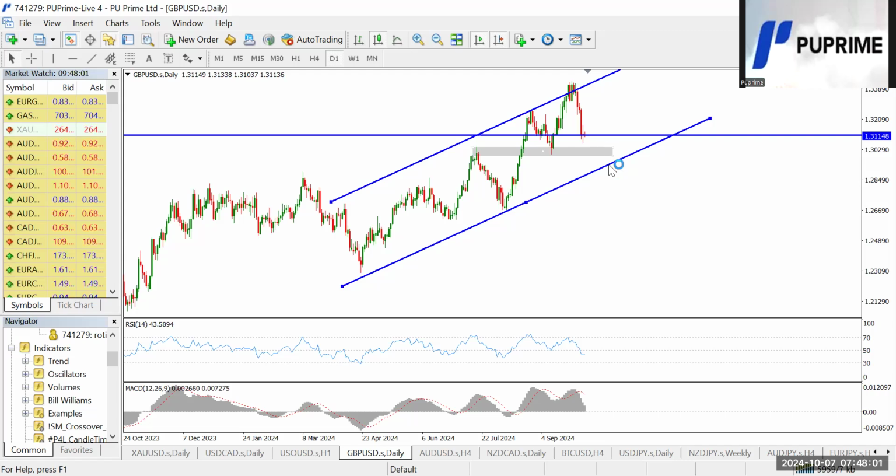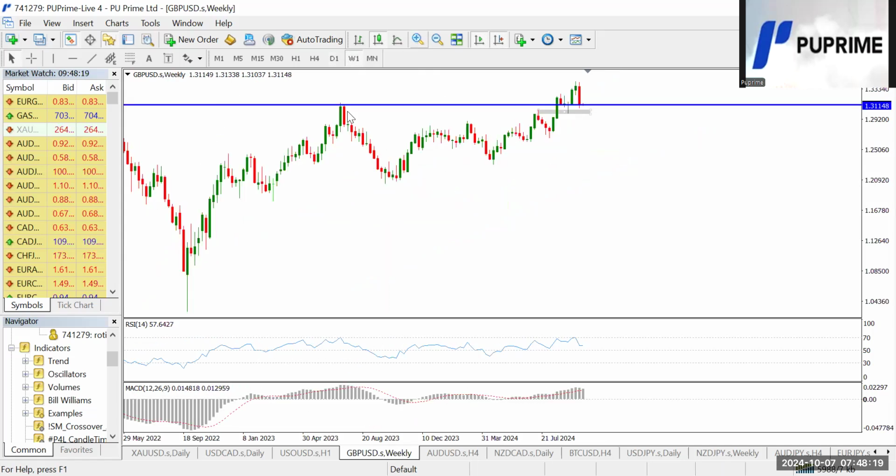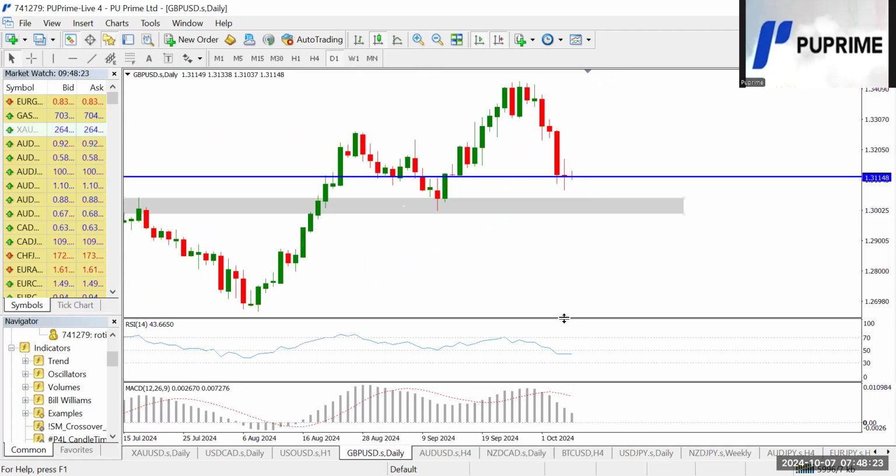So technically, even though the dollar is bullish, if you can avoid GBP for now, please do. Because this setup, even if you decide to remove this channel, let's just remove it for now so that it doesn't confuse some of us. Price is currently testing a previous resistance turned support. That is where price is at the moment. That is what is causing this slight rejection candle.